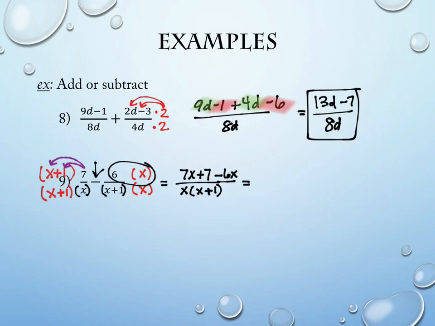What does that leave me with? X plus 7 on top, and then x times x plus 1 on bottom. And I'd like to tell you why that's preferable. It's preferable because I look at it and I absolutely know I can't cancel anything. Right?